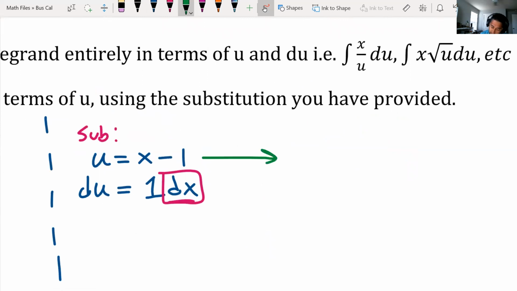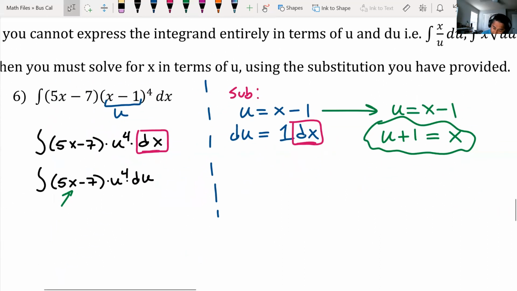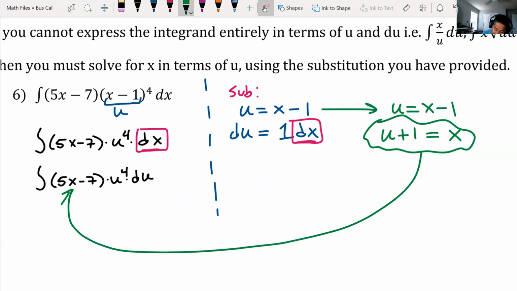Go ahead and take this, u equals x minus 1, and solve this equation for x, which means all I have to do is add what number to the left side? 1. We get u plus 1 equals x, which means that all of this is going in for that x there.